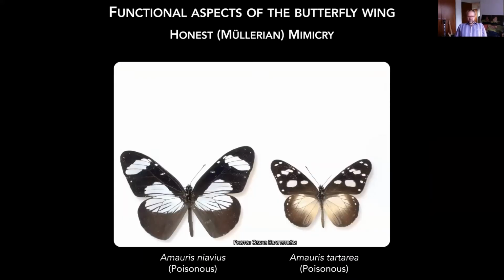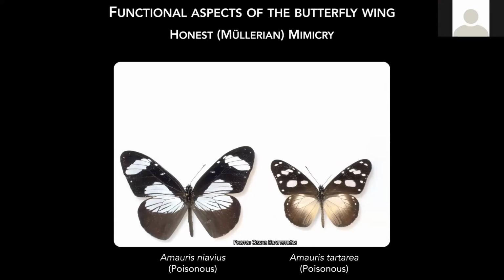Then we have another thing you can do. You can use these patterns to signal to predators that you're poisonous. And that's right, a lot of butterflies are poisonous, usually from plants that the larvae feed on that contain poisons. And there's two different ways this works. So one is this thing we call Müllerian or honest mimicry, where several butterflies that are poisonous have similar patterns, so that predators learn quicker that this pattern is linked to something you should not eat.